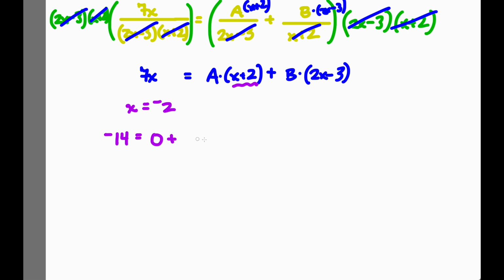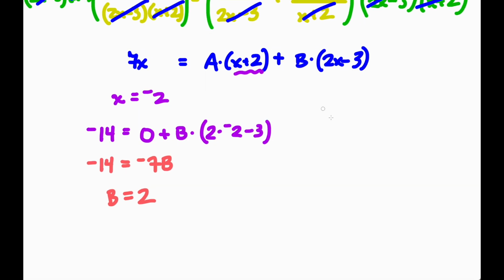You don't have to write the 0 in, I'm just doing it for fun, plus b times 2 times -2 minus 3. Okay, if we simplify this out, it's going to be -14 is equal to -7 times b, because this right here is equal to -7. This is going to yield us b equal to 2. Okay, so now we've solved for b.